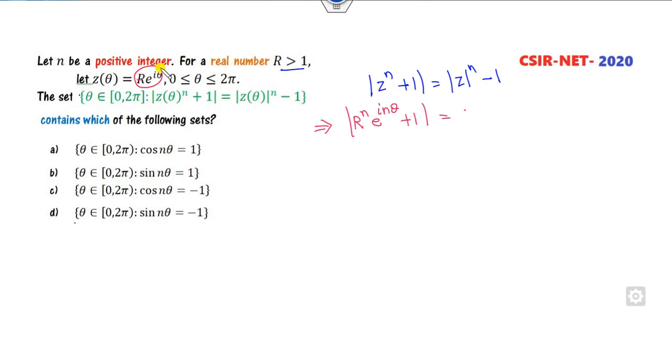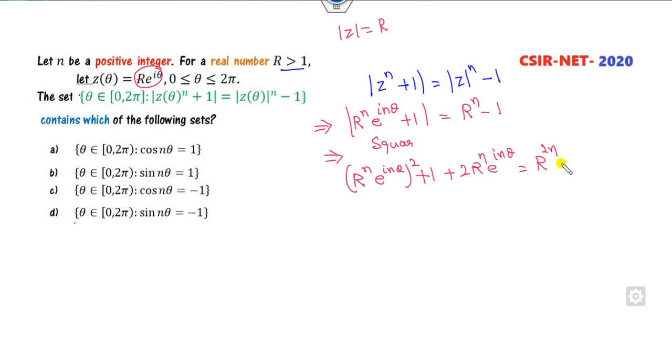So what is the mode of z? Mode of z is r, so it is r raised to power n minus 1. Fine. Scaling them, what will happen? It is r raised to power n, e raised to power iota n, whole square, plus 1 plus 2ab. This is r raised to power 2n plus 1 minus 2r raised to power n. So 1 will be cancelled out.